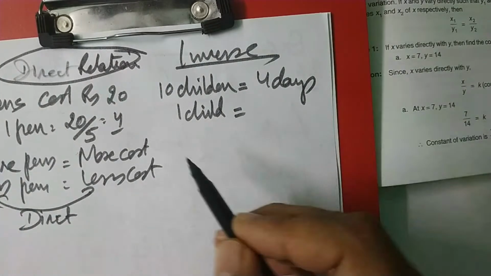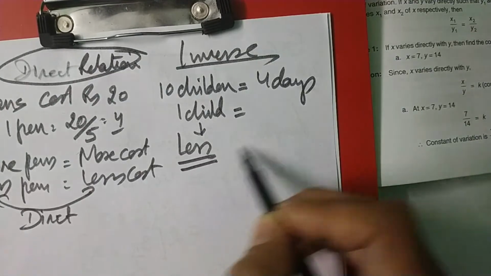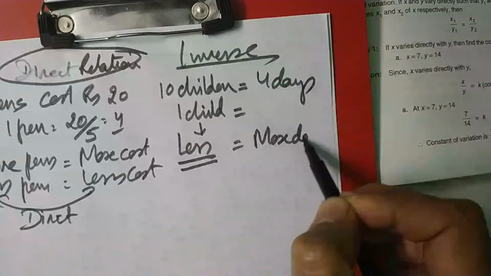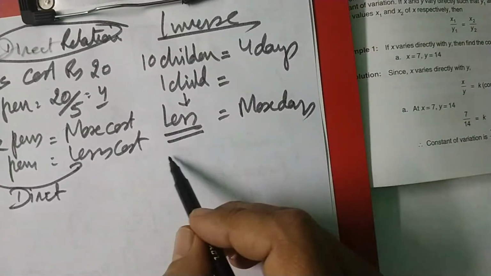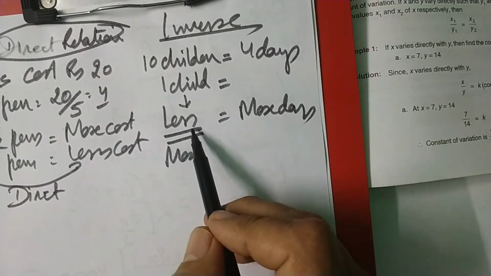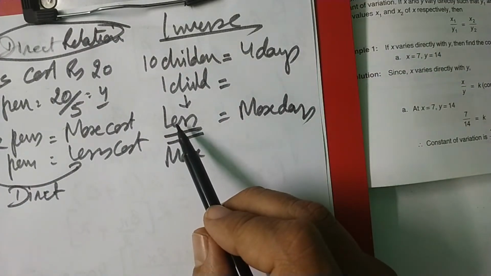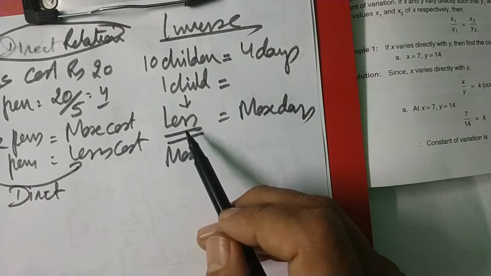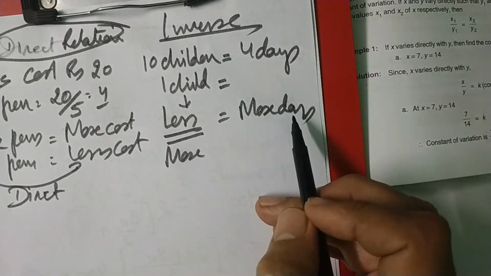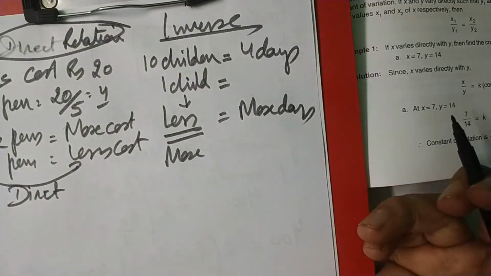So if the number of children becomes less, the work is done in more days. If there are 15 people doing some work, they will take some time, but if there are 100 people doing the same work, it finishes fast.